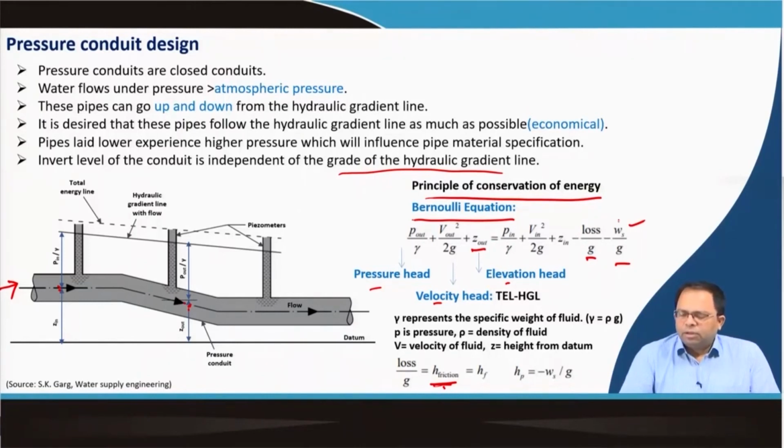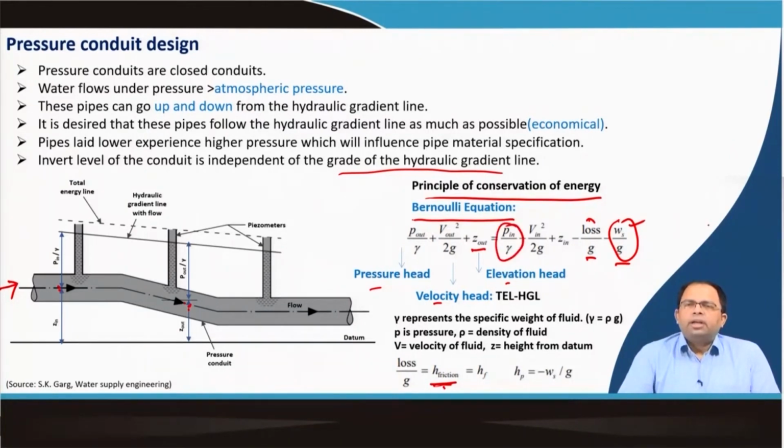So I can even ignore this part. So in that case, if I just transfer this from here to this side, P out by gamma plus loss by g, or frictional head loss, is equal to the pressure that we are putting in.